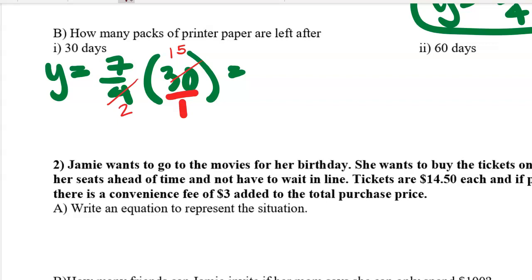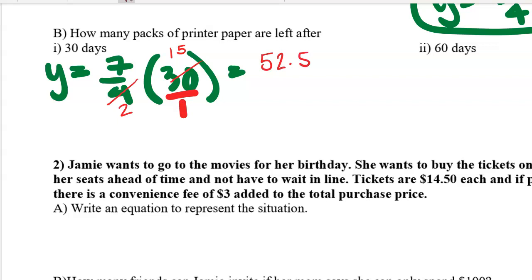Tamer, 105 divided by 2 will give us what? 52.5.